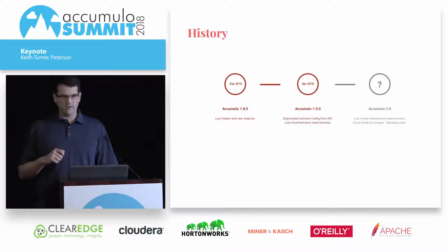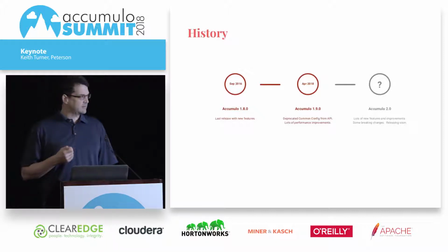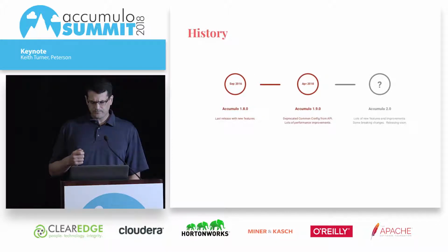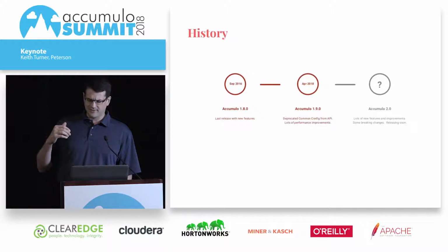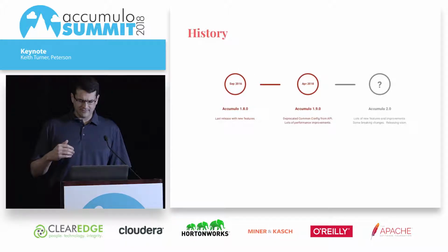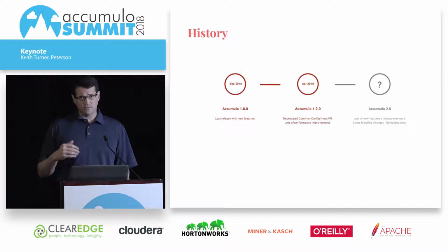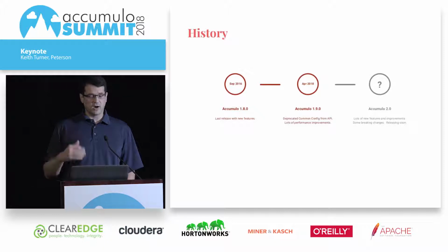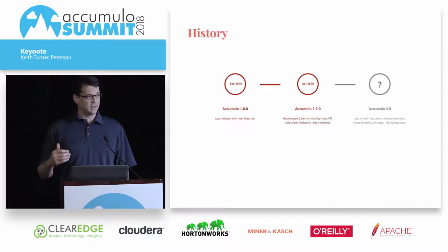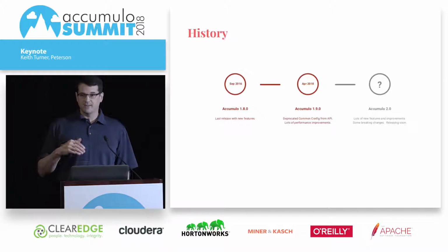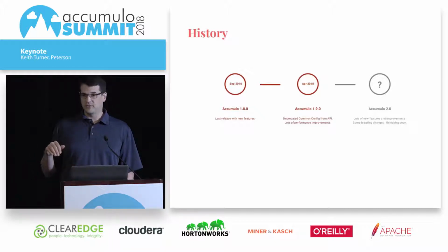There was Accumulo 1.9.0, but that was kind of a technicality. It's a bit complicated, but Commons Config 1 was in the Accumulo API, and that was causing problems because Hadoop 3 had shifted to Commons Config 2, and we needed to deprecate everything in the API that had to do with Commons Config 1 so we could whack it in Accumulo 2.